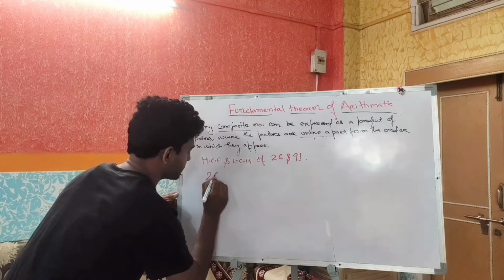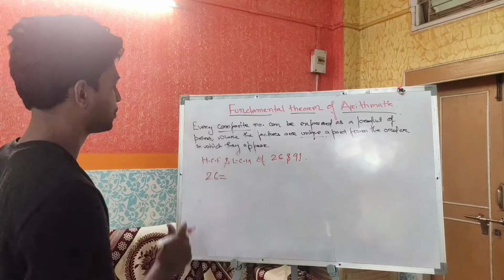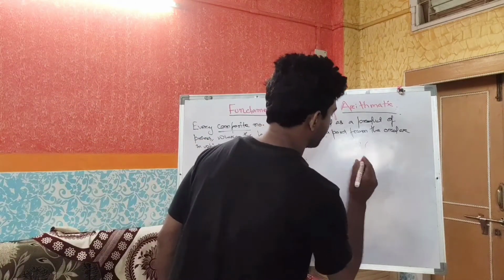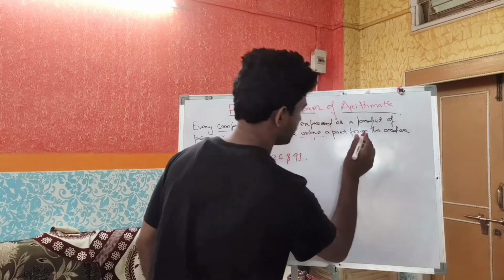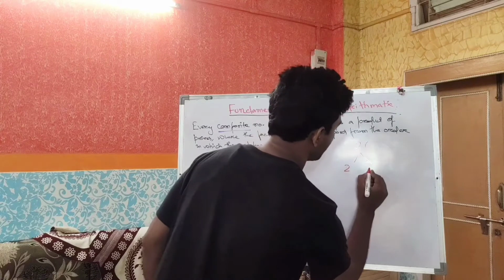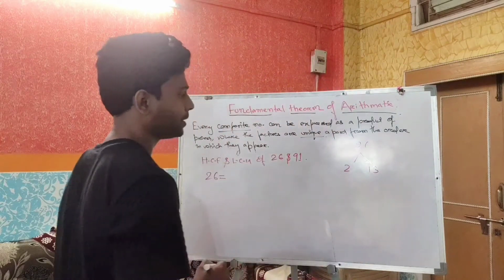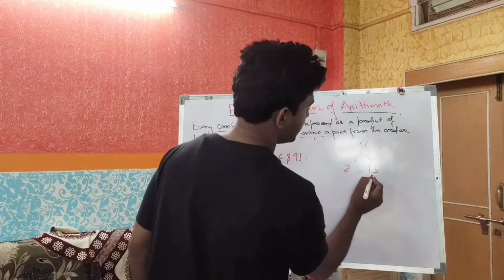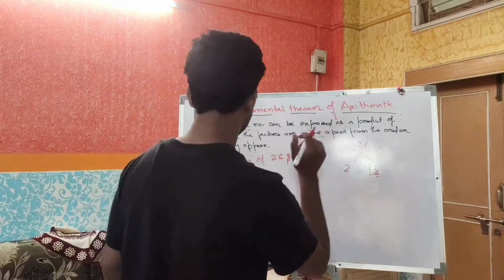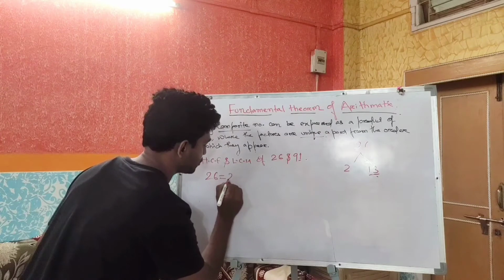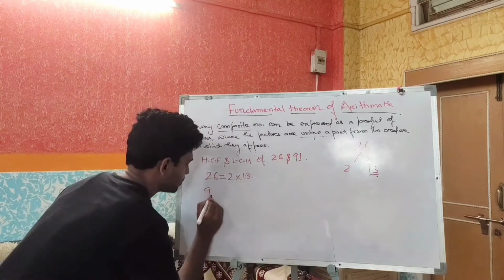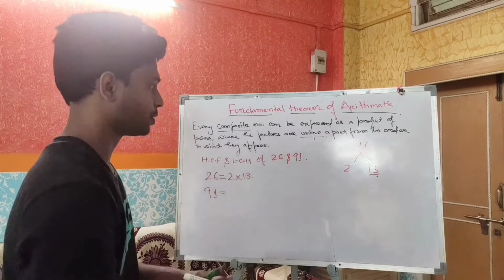Okay, so 26. We will write 26 as the product of primes. Let us find the factors in rough. The first prime which divides 26 is 2, and 2 goes into 26 13 times. We are done, because since 13 is also a prime number, it cannot be broken down further. So 26 can be written as 2 times 13. Now 91.